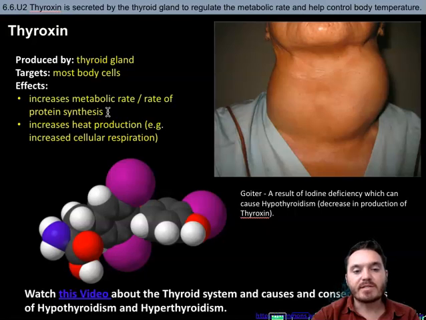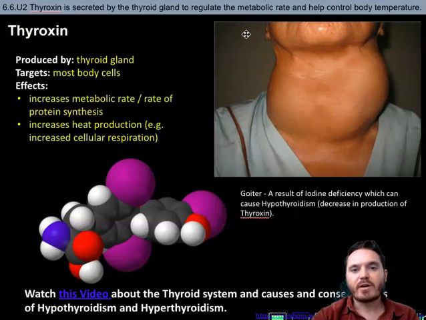That makes sense because if it increases metabolic rate when it is produced, it's also going to increase heat production, because cellular processes like cellular respiration are increased. One of the byproducts of cellular respiration is heat.